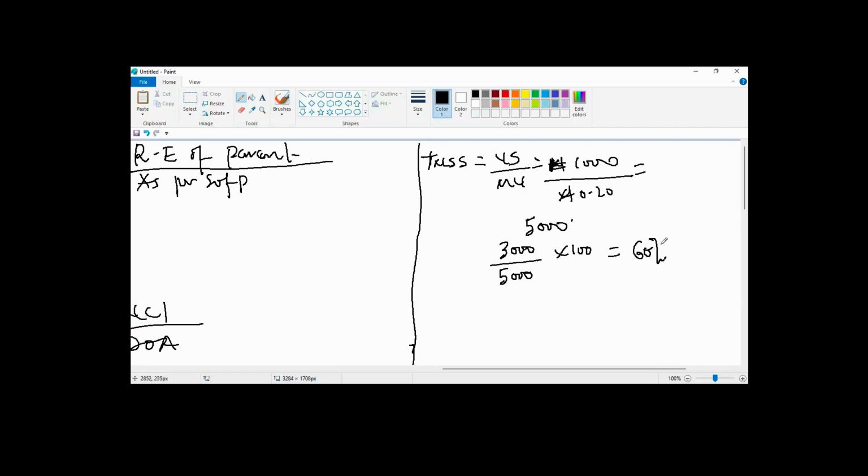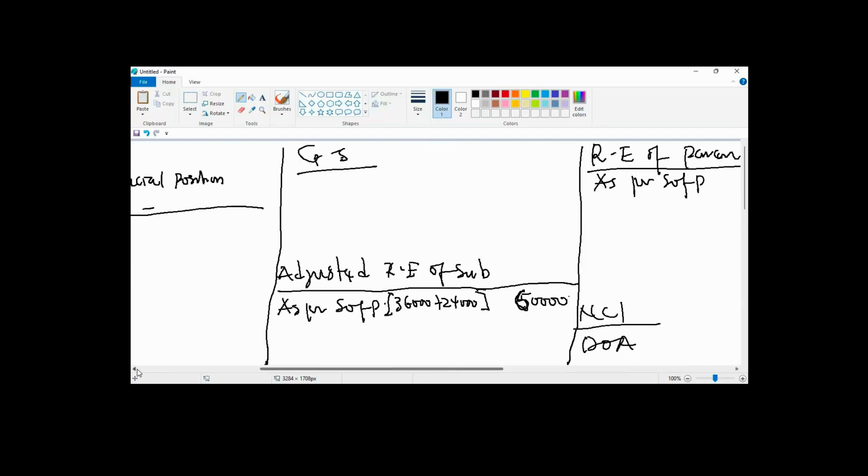Going to the question, the parent acquires 60% of the shares, so the NCI is 40%. Good. That is it.